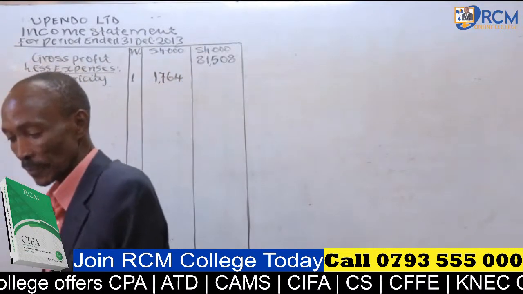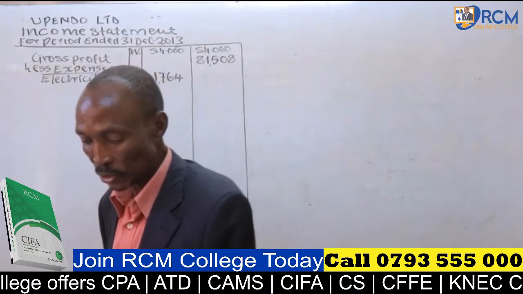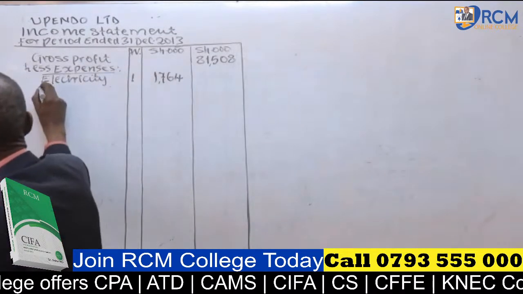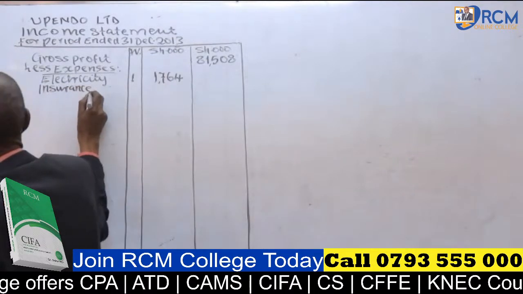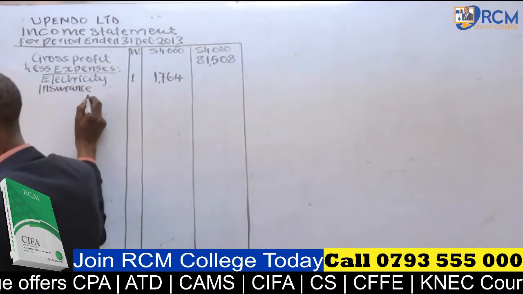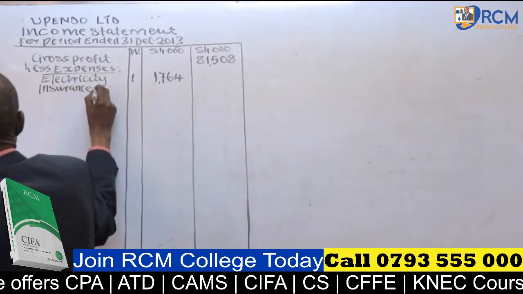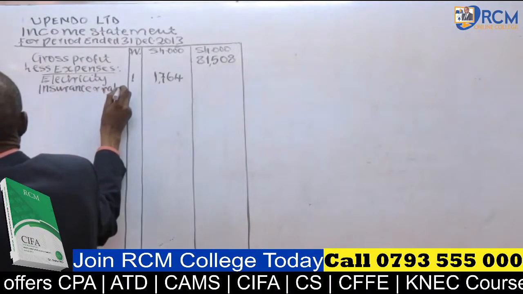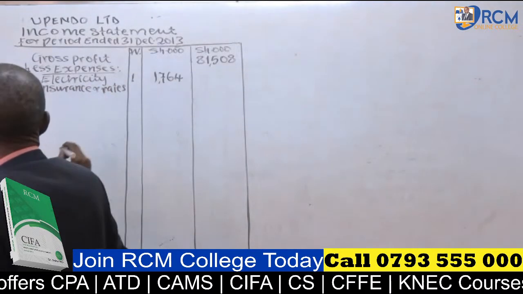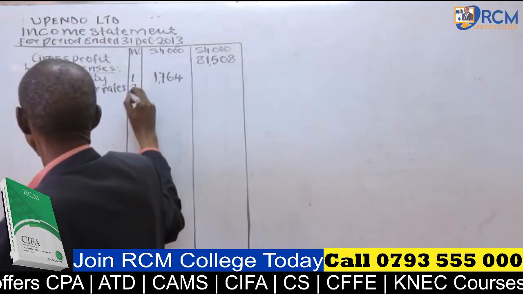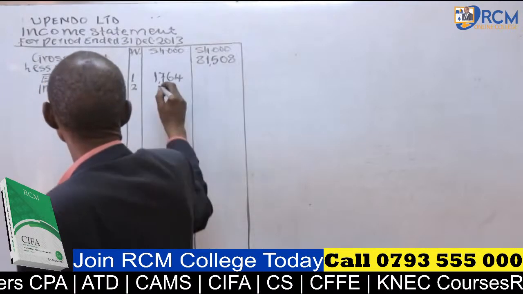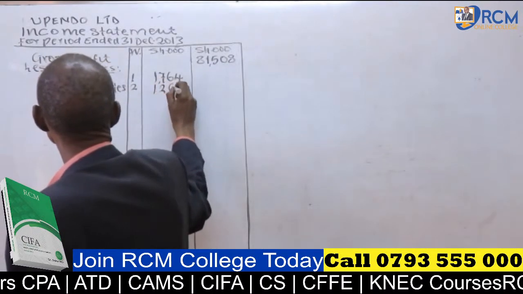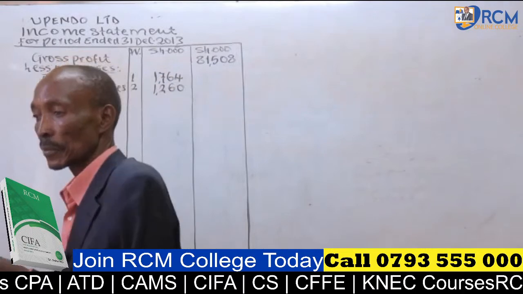After electricity, we worked out insurance and rates. Yes, that was the second working. That gave us 1260, that is $1,260,000.